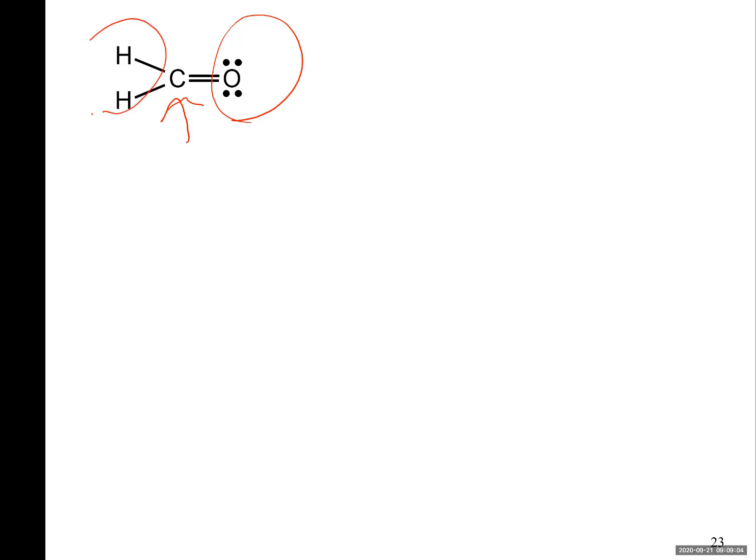Hydrogens can never be an atom in the center. Hydrogen makes 1 bond. Hydrogens are always terminal. So let's investigate if there is any formal charge in this structure. If this doesn't have formal charge, this is a better structure than the previous one. Let's check.